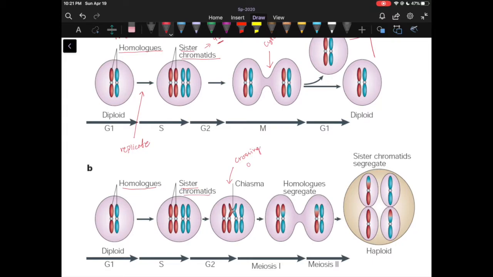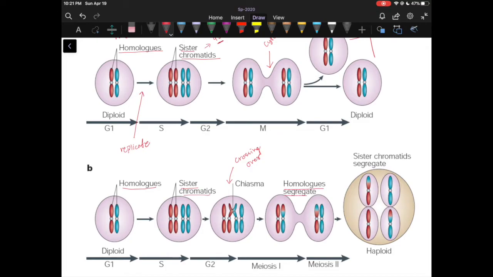And after that, we go over to a process known as crossing over, which occurs in prophase 1. Crossing over will basically exchange those alleles with the non-sister chromatids of each homologous chromosome.